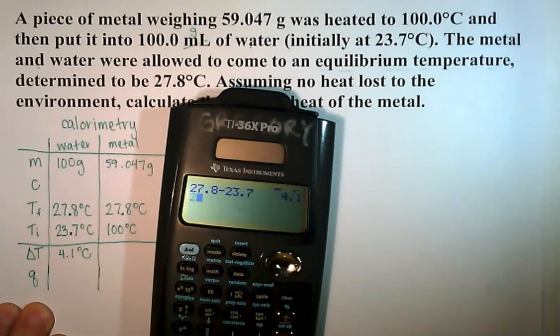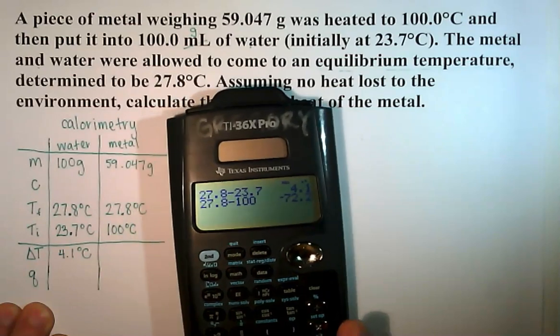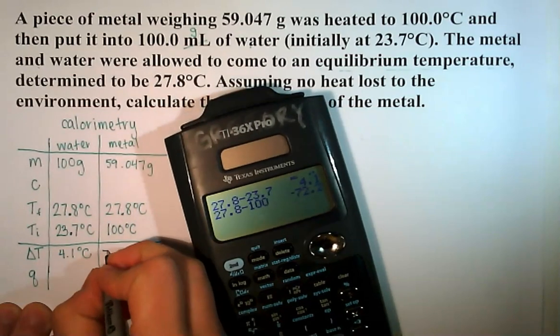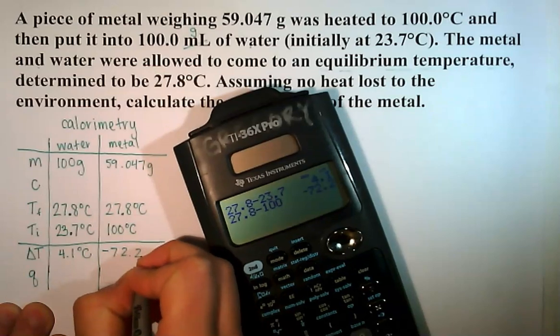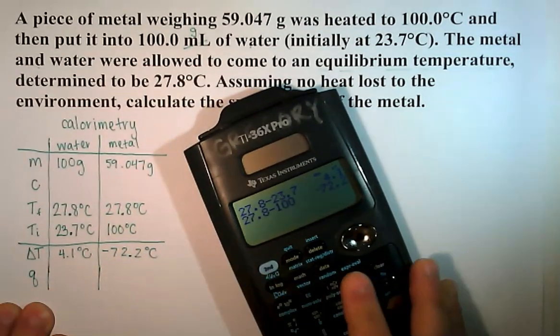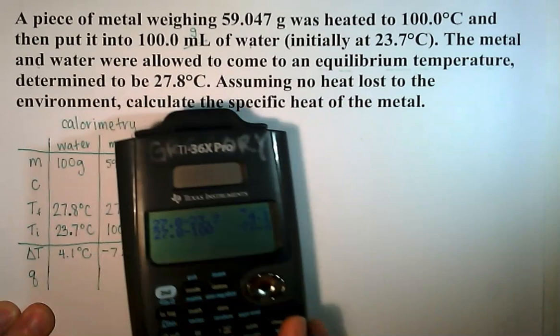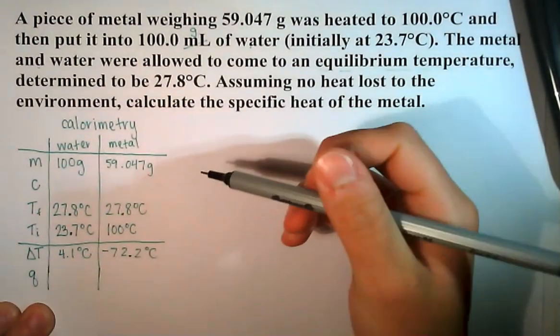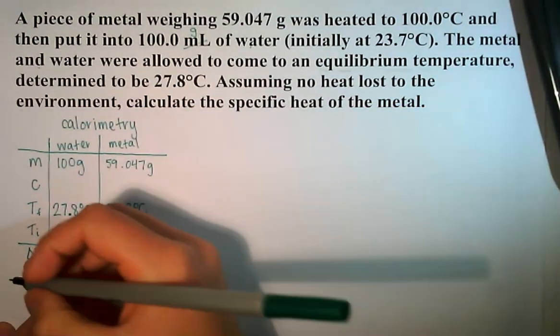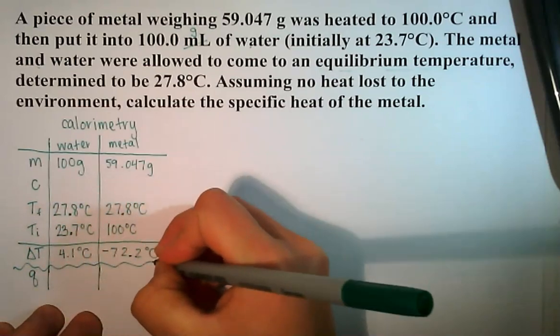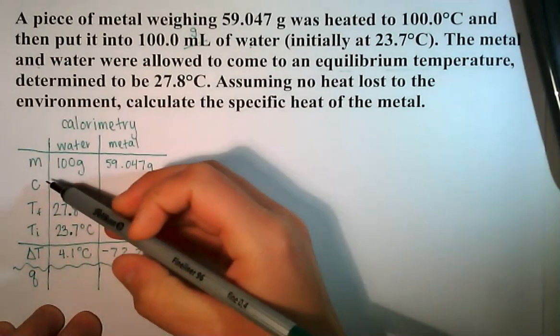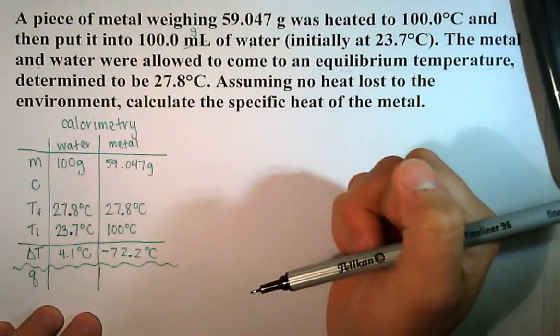And now I'm going to do 27.8 minus 100, which gives me a temperature change of negative 72.2 degrees Celsius. Okay, so now I know I'm going to be calculating Q for each of these, and I don't have either of my values for specific heat.